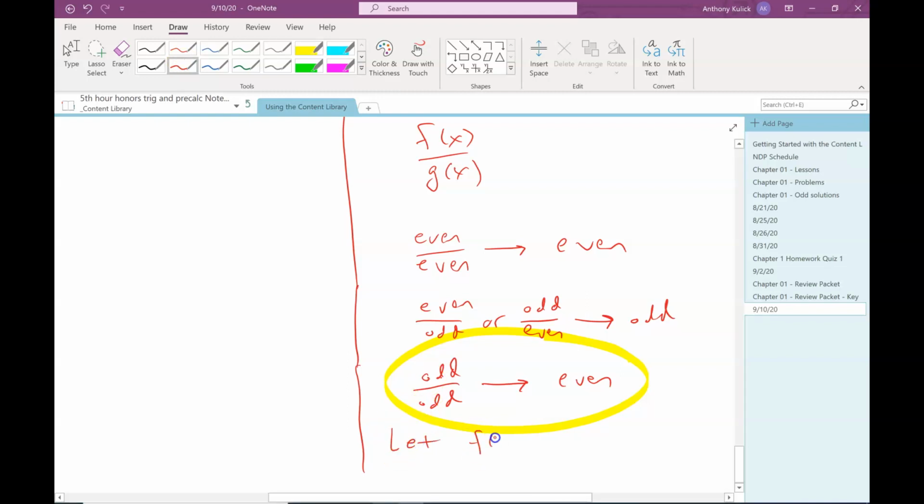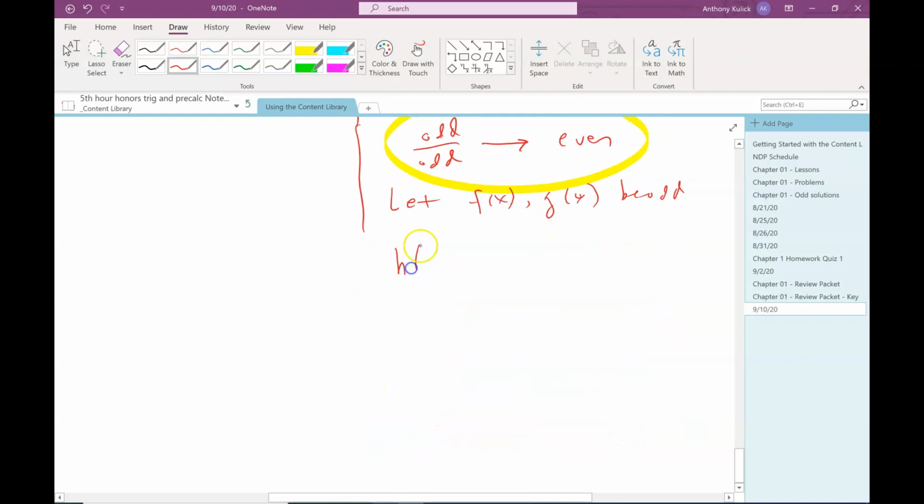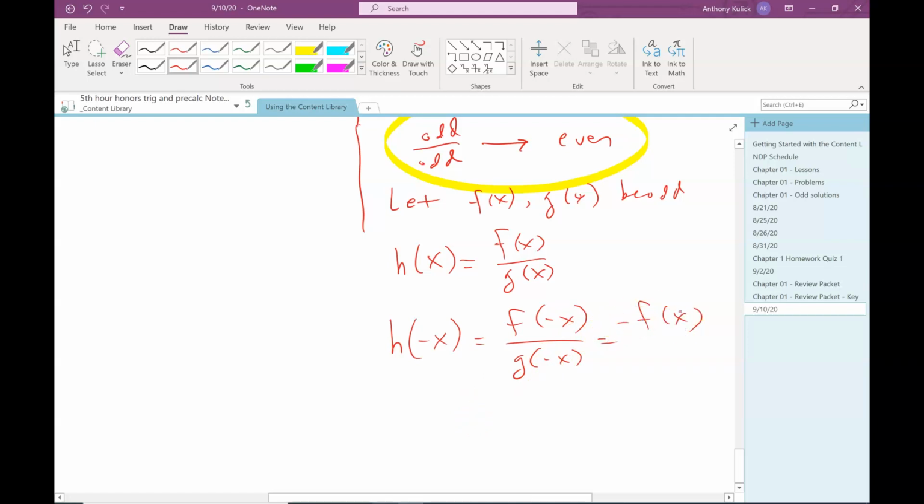So let f of x and g of x be odd functions, and h of x is going to equal f of x over g of x. So h of negative x would be f of negative x over g of negative x. Since f of x is odd, I know that f of negative x is just negative f of x.